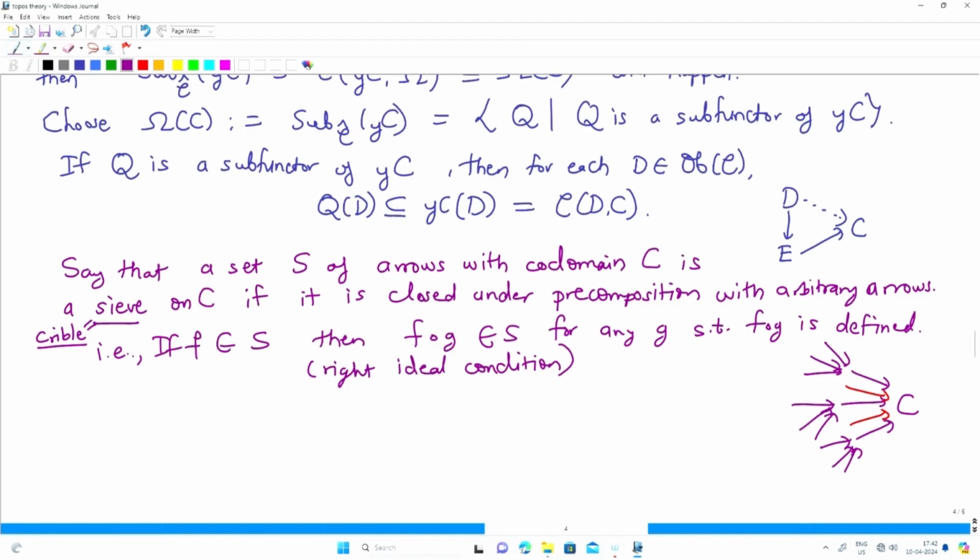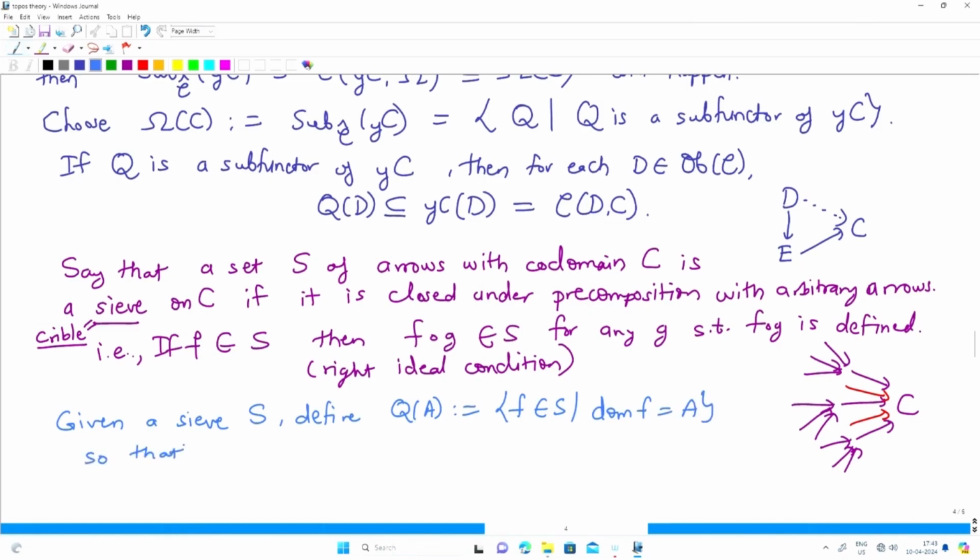Let me write what I want to say. Given a sieve S, define Q of A to be equal to all those morphisms in S such that the domain of F is equal to A. So that Q is a subfunctor of YC.